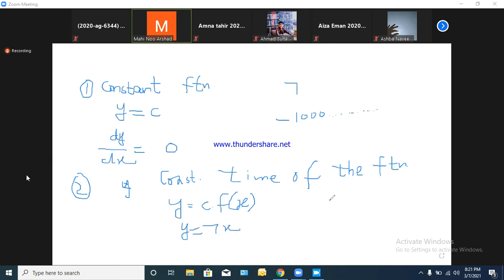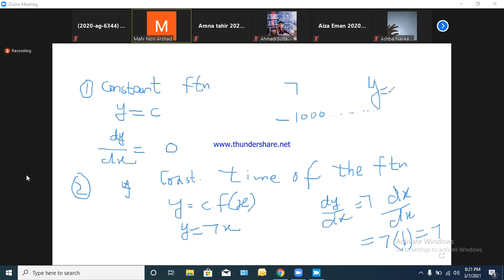You will take dy by dx is equal to 7 dx by dx. The rate of change in x with respect to x is always equal to 1. So the answer is 7. Is that clear?